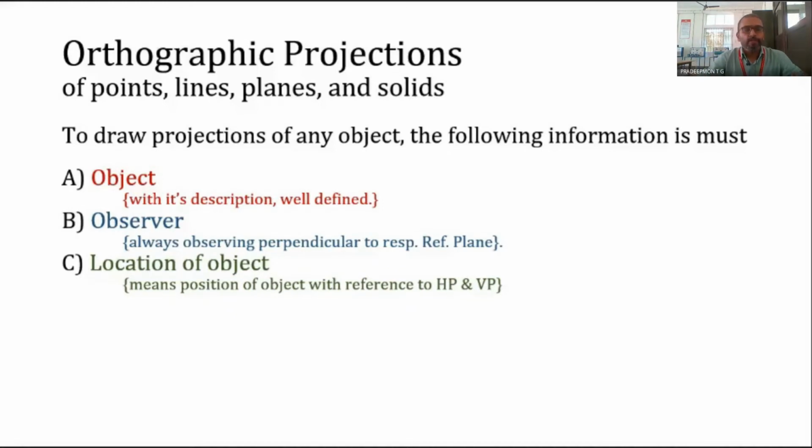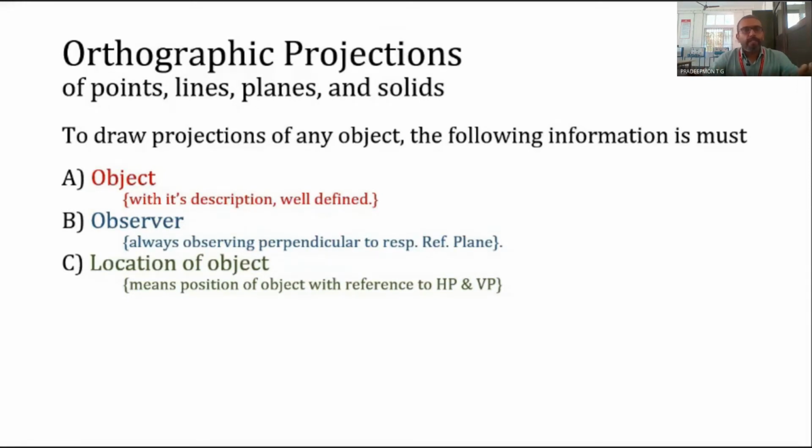So these three things are important: object, observer, and location. For the time being, for orthographic projections, we don't have to bother about the observer, because the observer is always looking perpendicular to the respective reference plane. So the observer can be avoided.